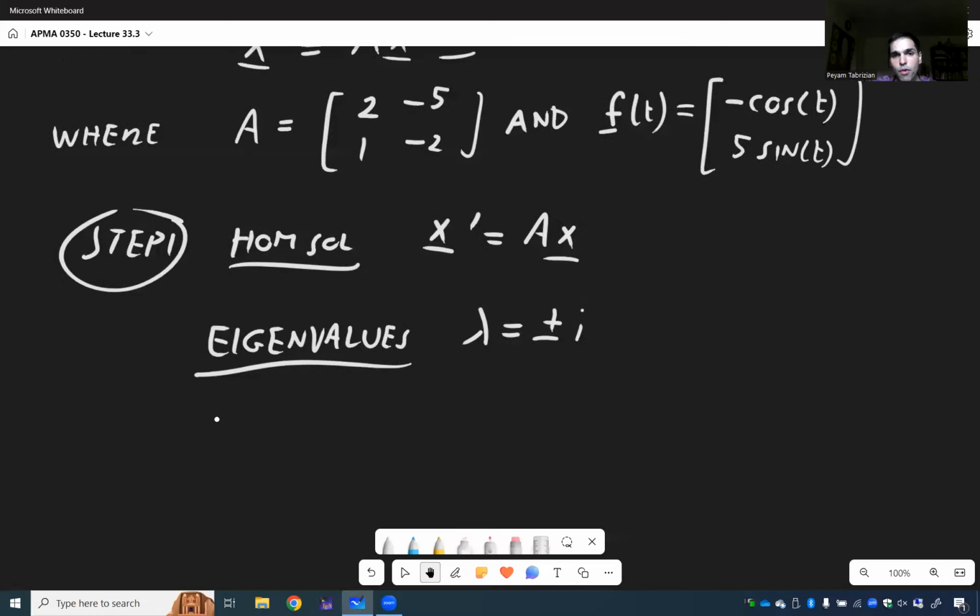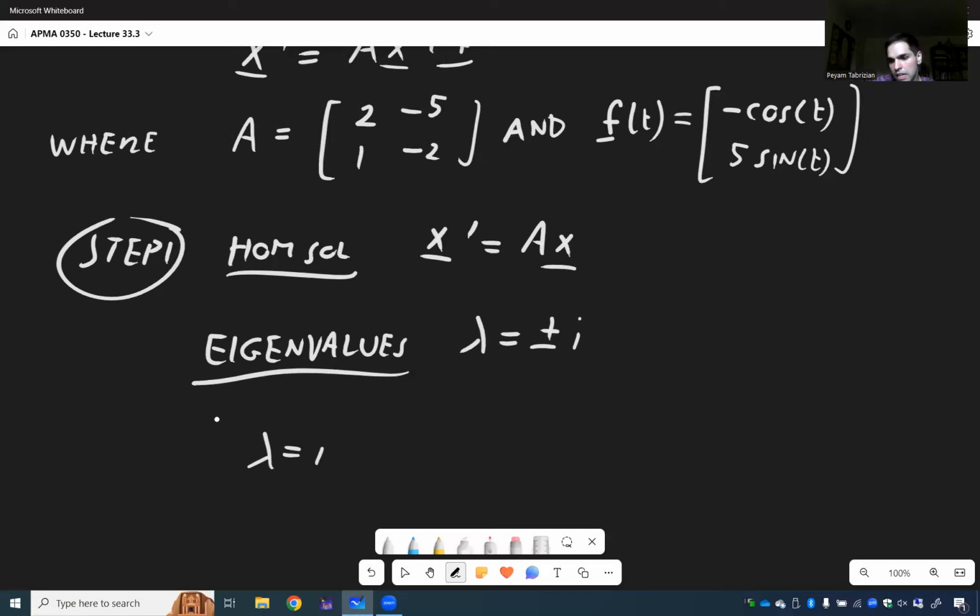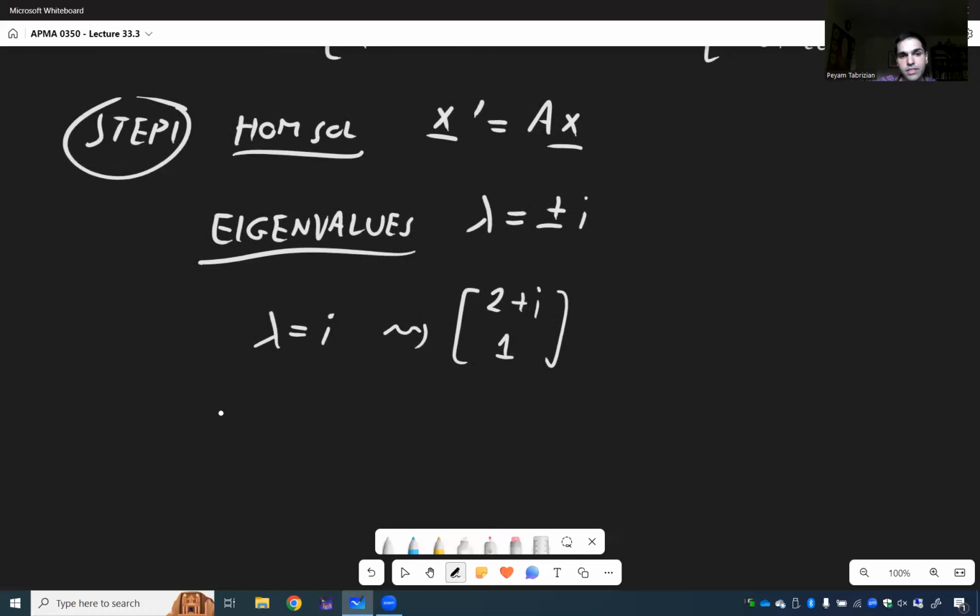And for example, for lambda equals i, you would find the eigenvector [2 plus i, 1]. And to build our solution, remember, it's e to the eigenvalue t, so e to the it times eigenvector [2 plus i, 1], which once again, you want to split into real and imaginary parts.